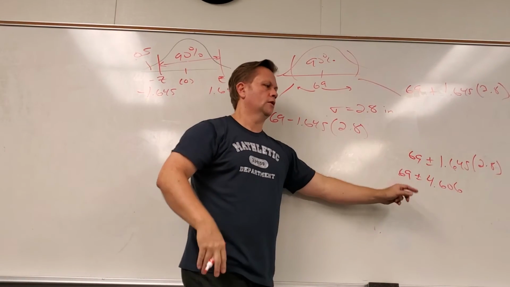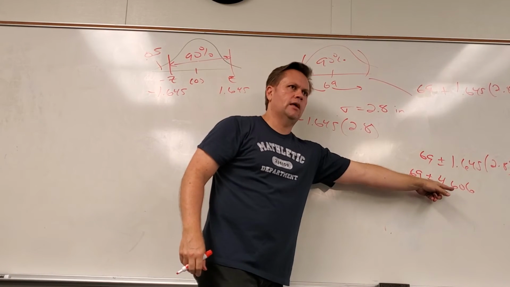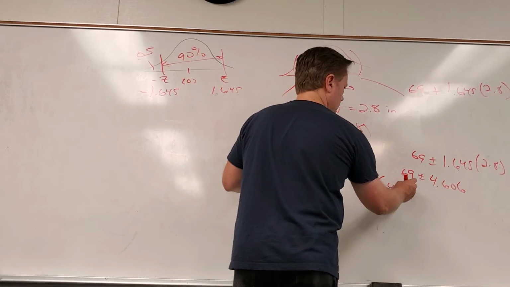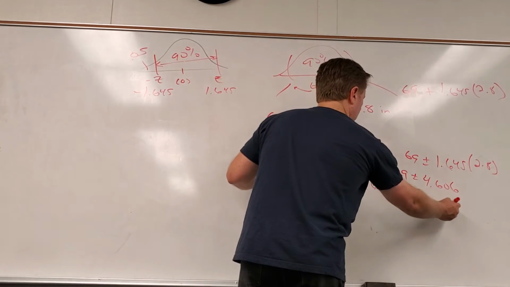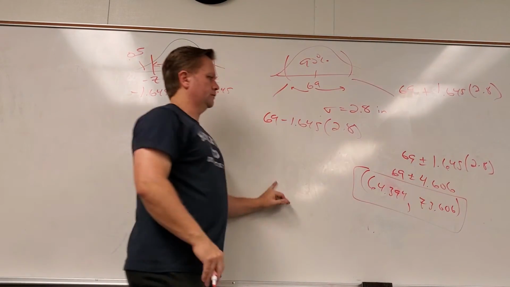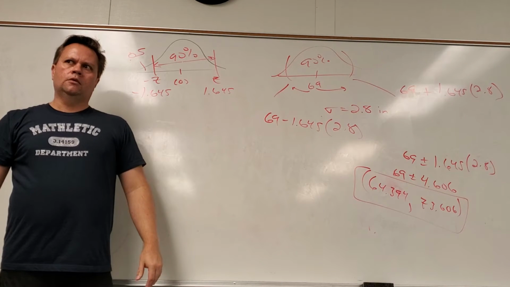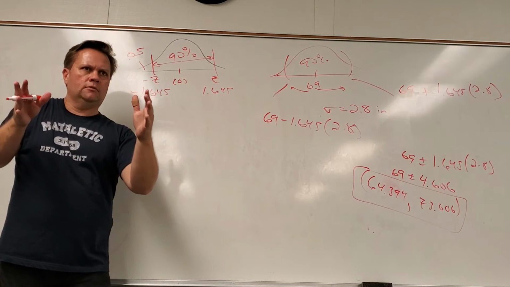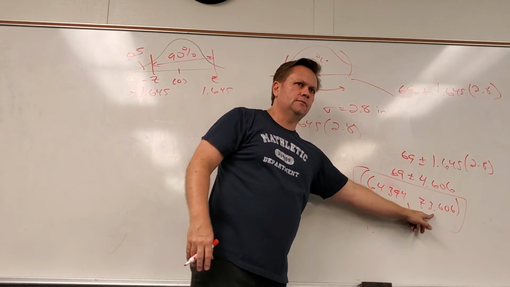All right. So 69 inches, give or take that much. If you go down, it becomes 64.394 and 73.606, I think, if I did that right. So 90% of all men would be between these two heights.